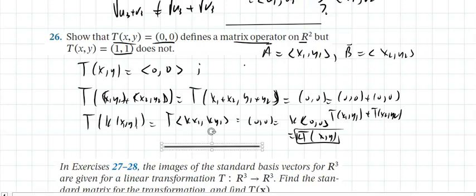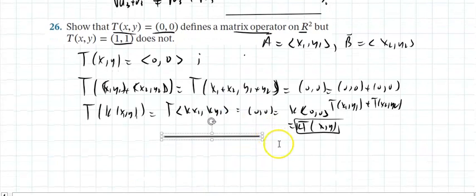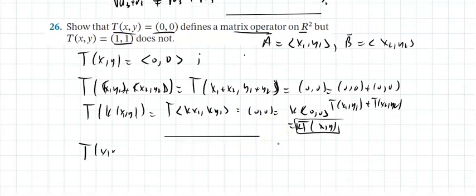But if I go for the 1, 1, again, I'll notice I run into trouble. If I say, let's take T of x, y to be 1, 1.